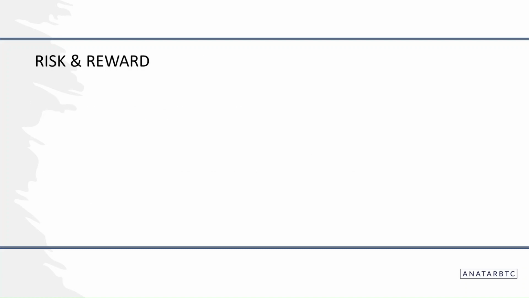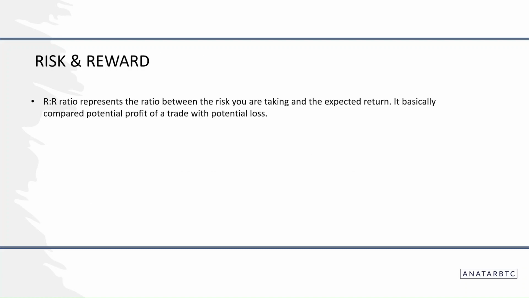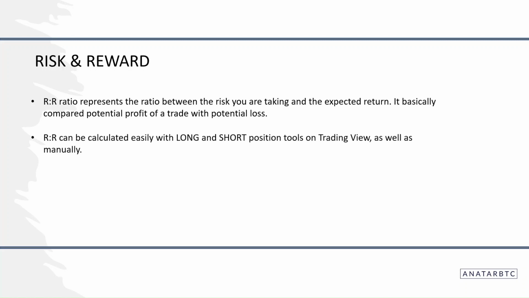Now, the next thing is risk to reward ratio. RR ratio represents the ratio between the risk you are taking and the expected return. It basically compares your potential profit with potential loss. It can be easily calculated with long and short position tools on TradingView, and you can also calculate it manually using this formula.